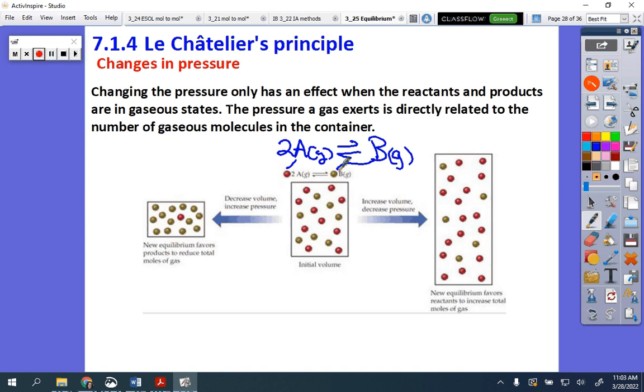And the system is then going to react to move towards the products, because this has less space, and we want to get the pressure back to something close to the original. And by shifting towards the products, where we only have 1 mole of gas in the products versus 2 in the reactants, we can decrease the amount of space that those gas particles take up, and therefore decrease the pressure.